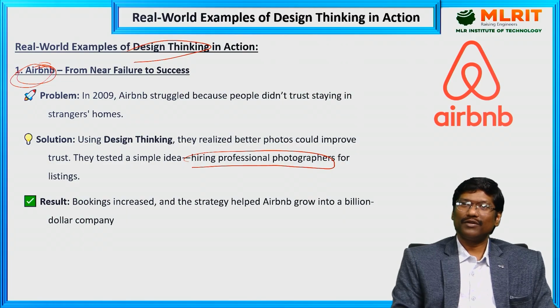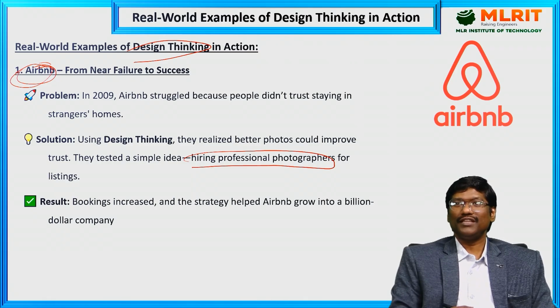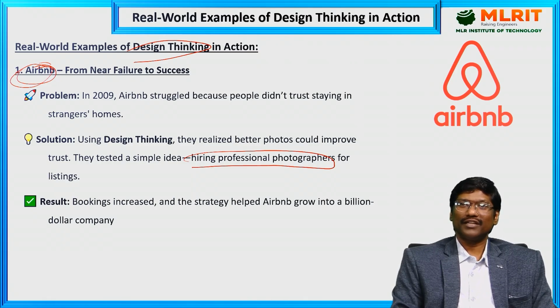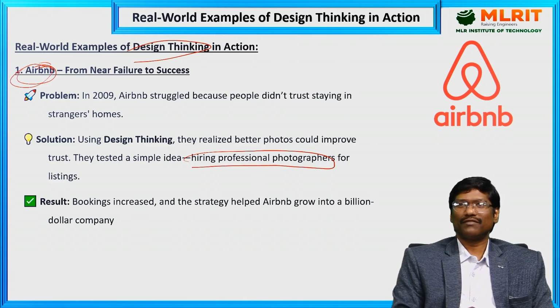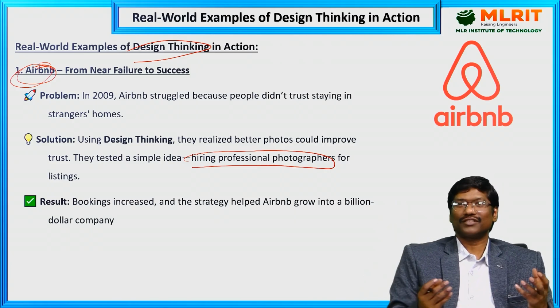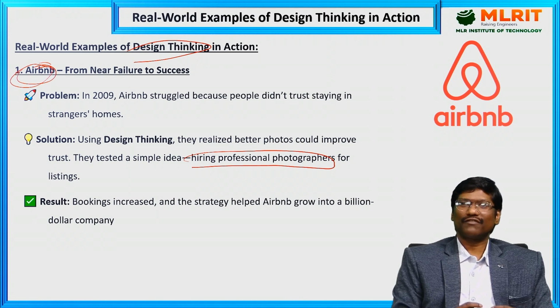So the idea is very good, but joining two distinct, strange people together like that, and allowing them to use a property for 3-4 days, is really a challenging thing. But with constant efforts towards bridging that gap between two strangers who are apart from the world, one person could be in one part of the world, the other in another part, with different cultures, different languages, joining them and allowing them to interact for a few days is a big challenge, right?